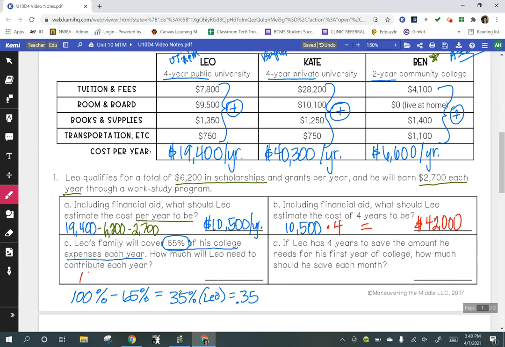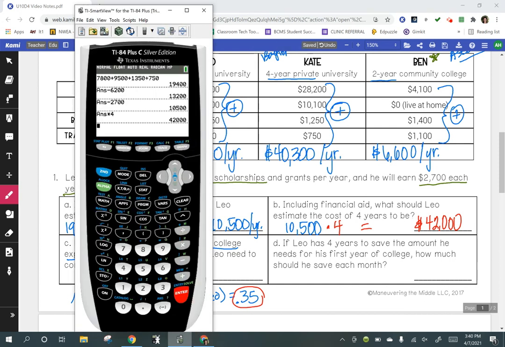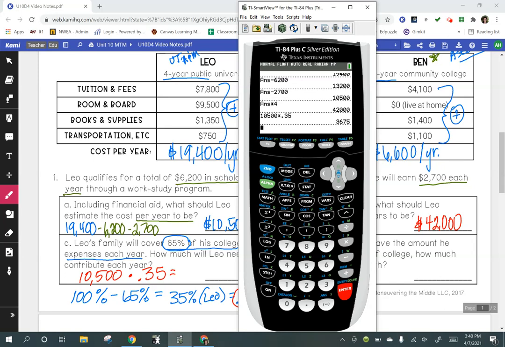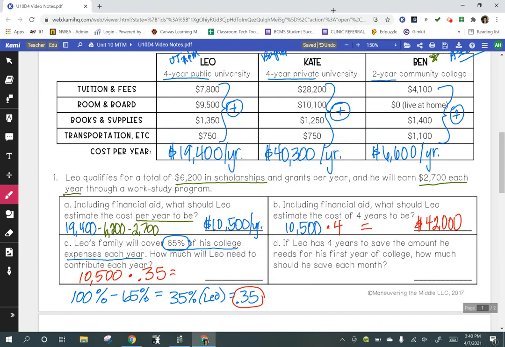So I'm going to take 10,500 and multiply that by the 35% that Leo is paying. And when I do that, times 0.35, Leo is only paying $3,675. That's all he is going to have to pay because his parents have been really nice. I mean, that's super generous.